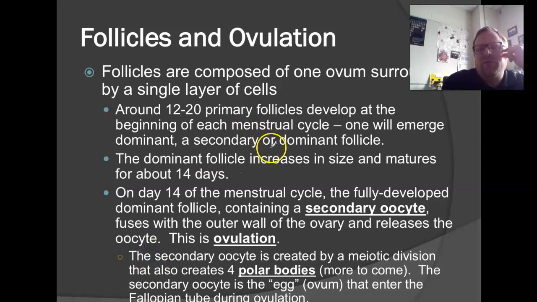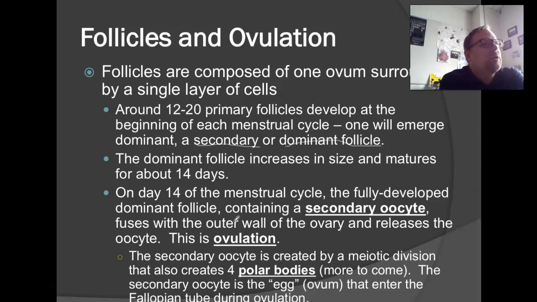We'll talk more about that when we get to the menstrual cycle in concept B3. The dominant follicle then will increase in size for about 14 days. And then what happens, and I'll have a picture of this, and it grosses some people out, but it's actually really cool.